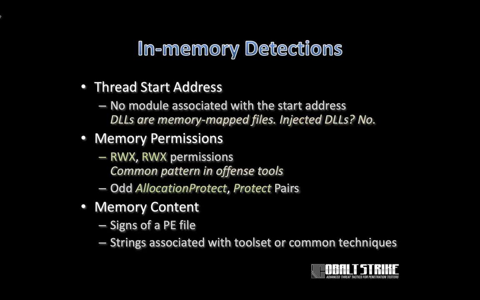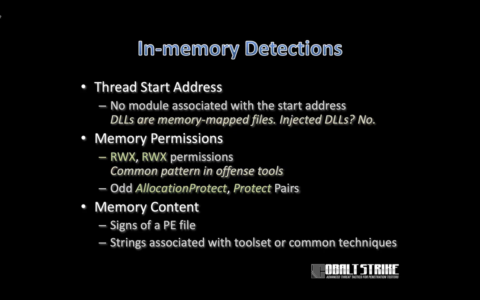One strategy is to look for a thread start address that is not associated with a memory-mapped file. In most programs, any executable region of code is going to be a memory region that is also a memory-mapped file.